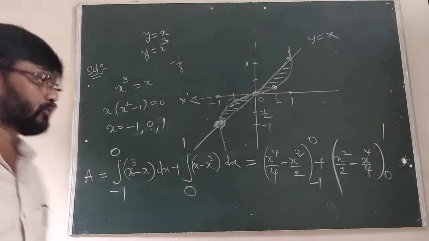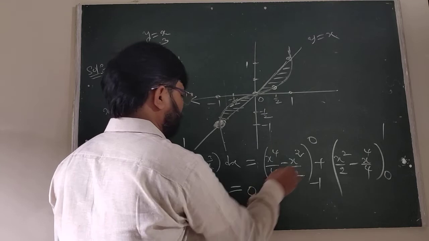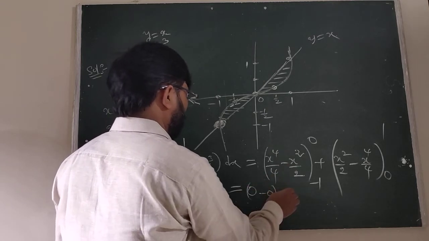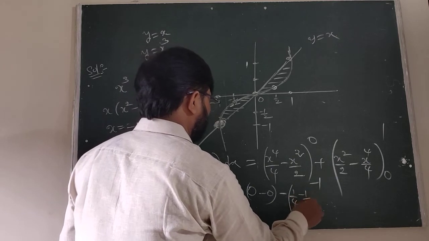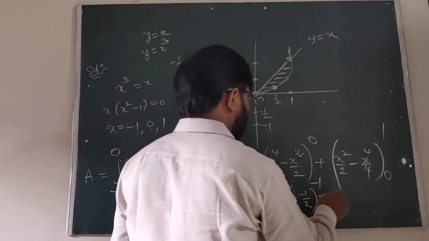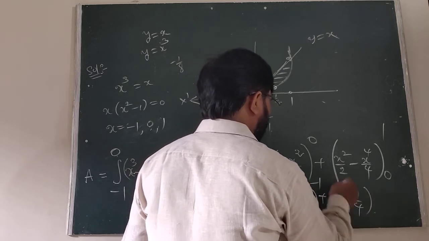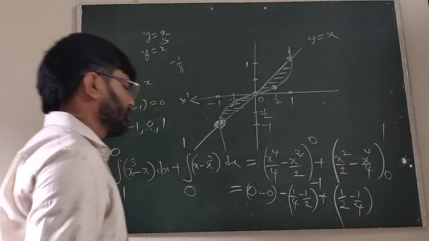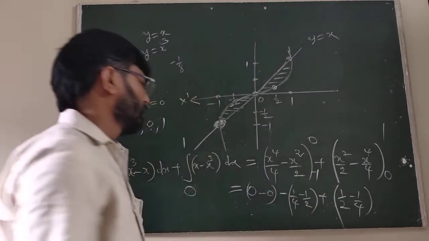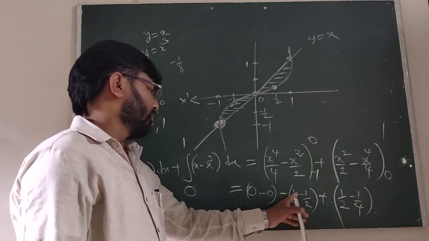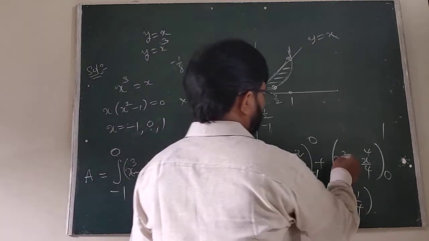Okay students, now substituting here. This is 0, this is 0. Now we write 1/4 minus 1/2, and 1/2 minus 1/4. Substituting 0, it will be 0. Substituting 1, we get minus 1/4, 1/2. Here also substituting 1, we get 1/2, 1/4.